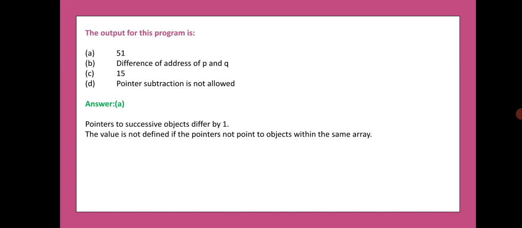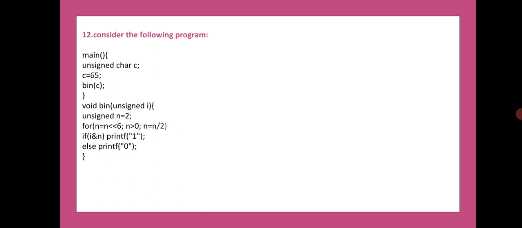Let's consider the next question. The program is having unsigned char c and c equals 65. We are calling a function bin passing the c. So bin is taking unsigned i, unsigned n equals 2, for n equals n left shift 6 times, n greater than 0, n equals n by 2 in the for loop.